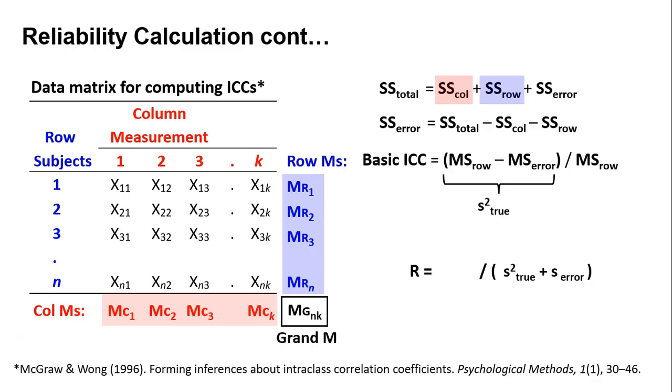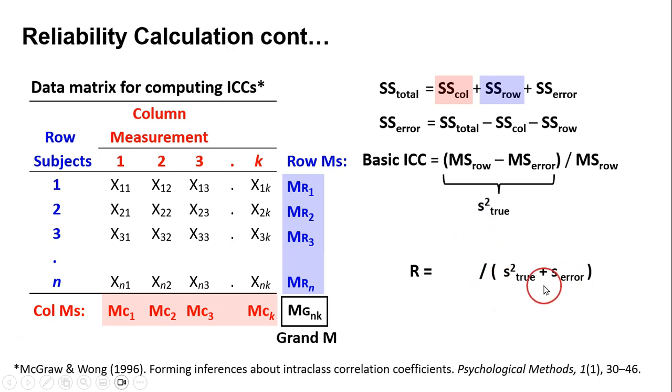We're taking our appropriate substitute, which is the mean square for the row, and we're subtracting out the error from that. We're sort of purifying that in order to get our true variability as far as the subjects are concerned in terms of their responses across the trials. So we purify it to get the true.